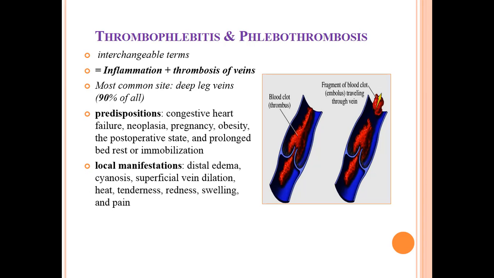The clinical manifestations of thrombophlebitis are variable, and they include local as well as systemic manifestations. The local manifestations of thrombophlebitis include distal edema, distal to the site of the occlusion, of course, cyanosis of the affected limb, superficial vein dilation because of the backflow of blood towards those veins, the feeling of heat, tenderness, and the presence of redness, swelling, and pain.